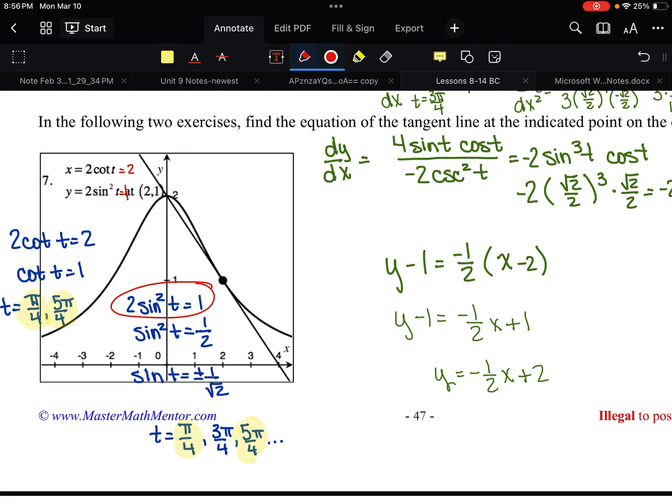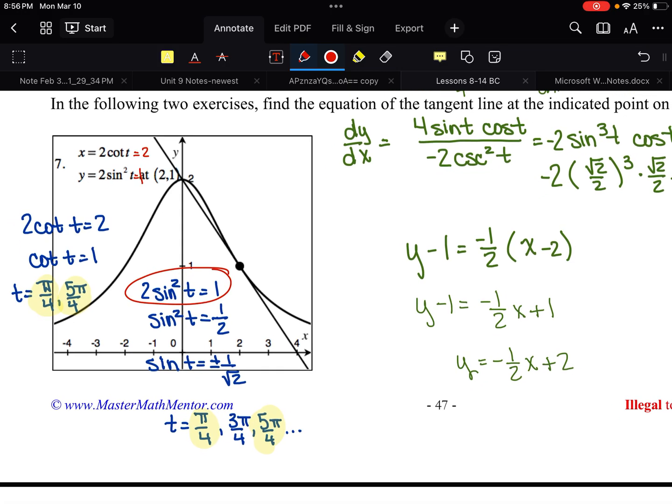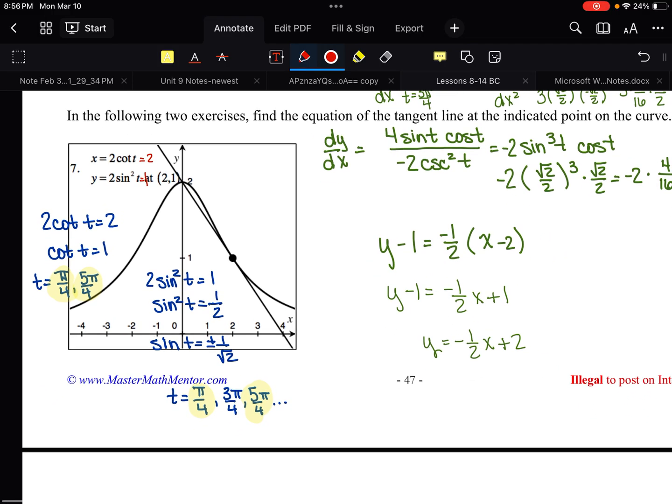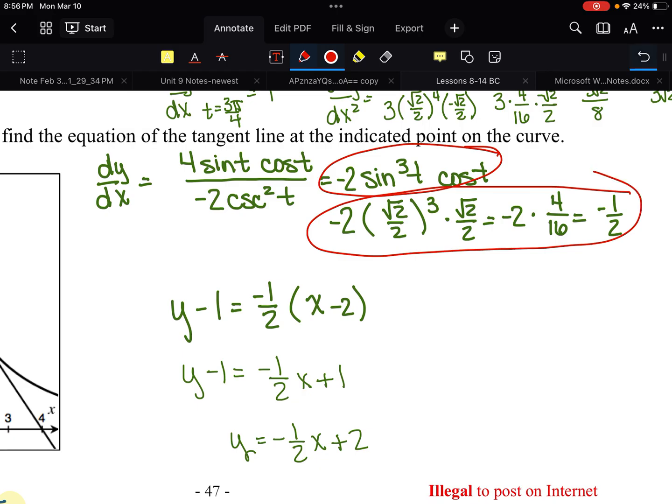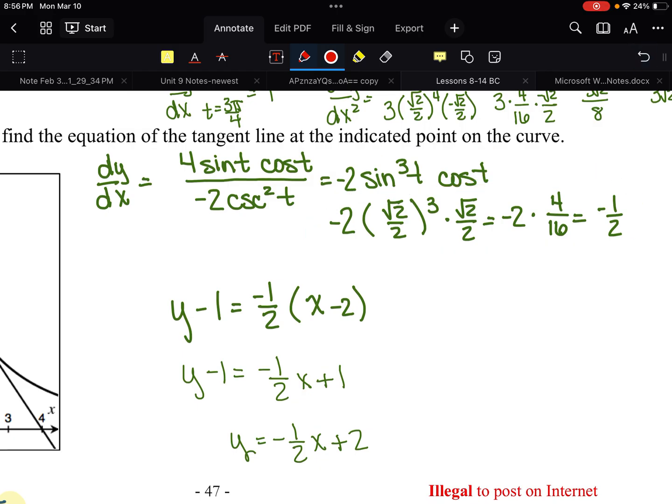This one shows the point where that happened first. So I did pi over 4 for my point. And when you get the derivative here, and you find sine and cosine of 5 pi over 4, it simplifies a whole lot, and you end up with a slope of just negative 1/2.